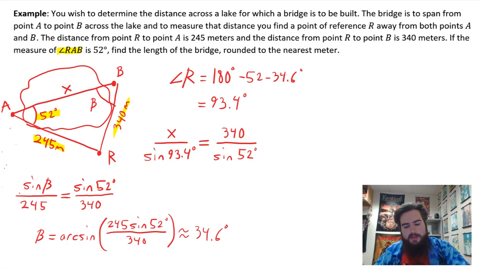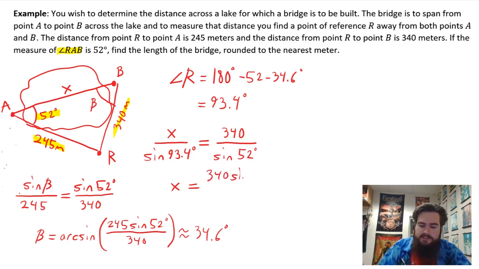If you now multiply both sides by sine of 93.4, we will get X is equal to 340 times sine of 93.4 divided by sine of 52.